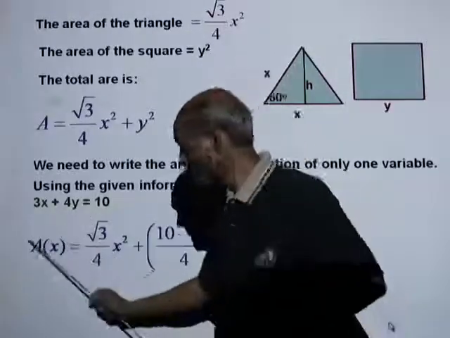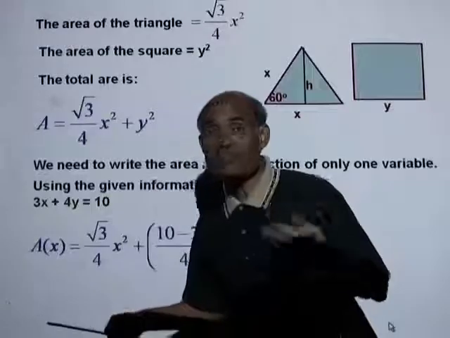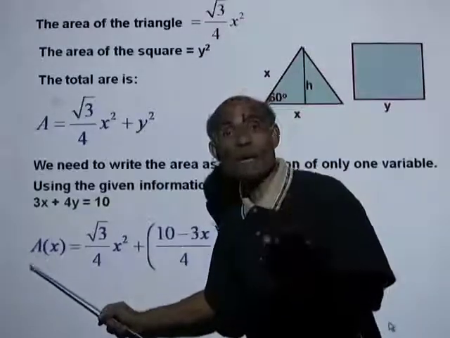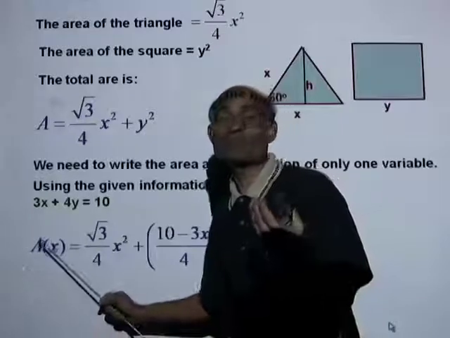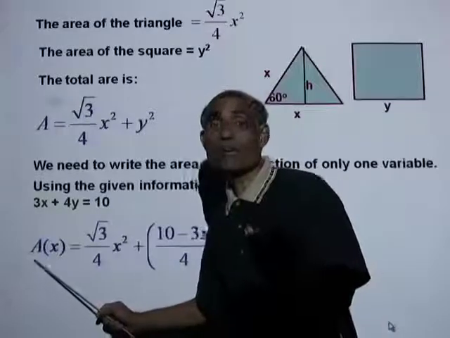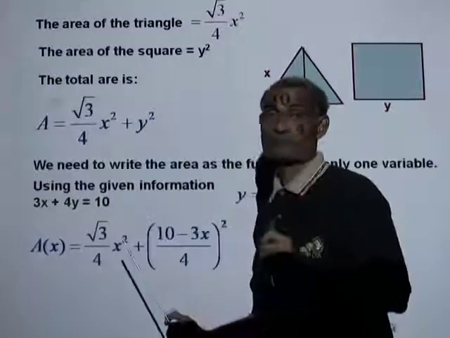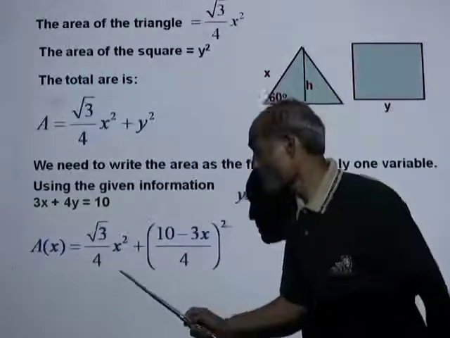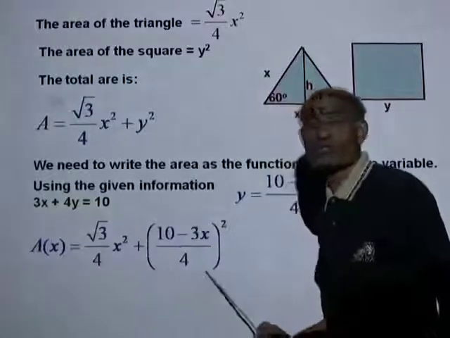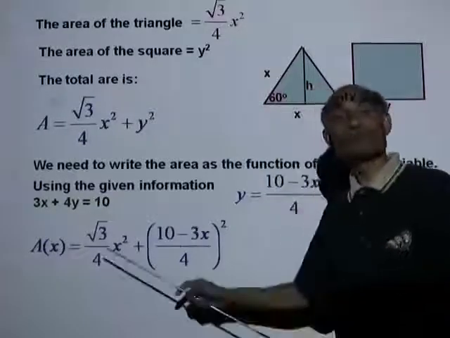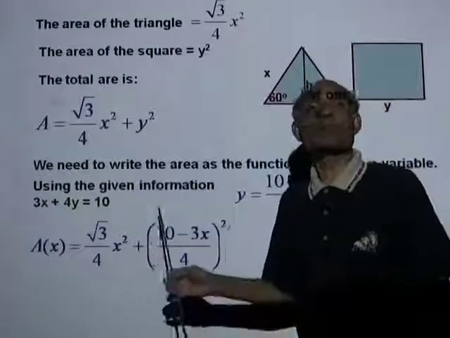That's right. So here we need to optimize the area. And what is the condition for optimizing the area? We got to write the equation for the area in terms of one variable. And this is the area of the triangle. This is the area of the square. And now, we have the equation. We have now the function.